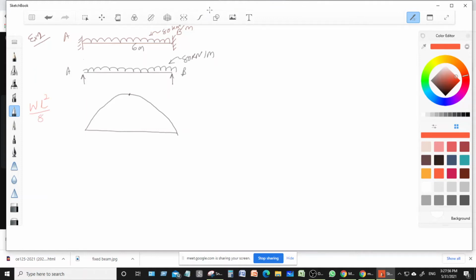Here W is equal to 80 and L is 6 meter, the span, so 80 into 6 square divided by 8 is 360. So the mid span coordinate of the moment due to UDL load will be 360.